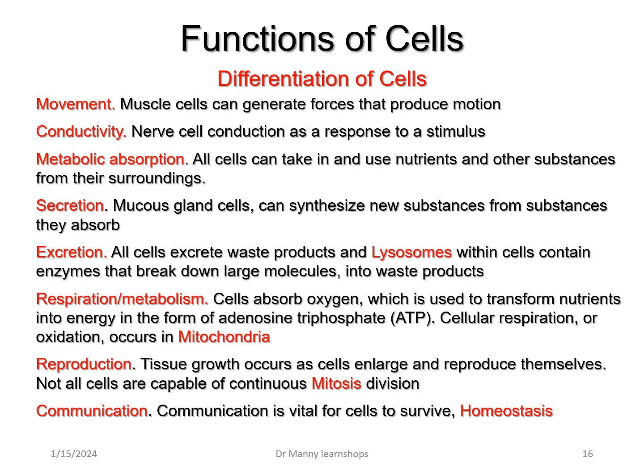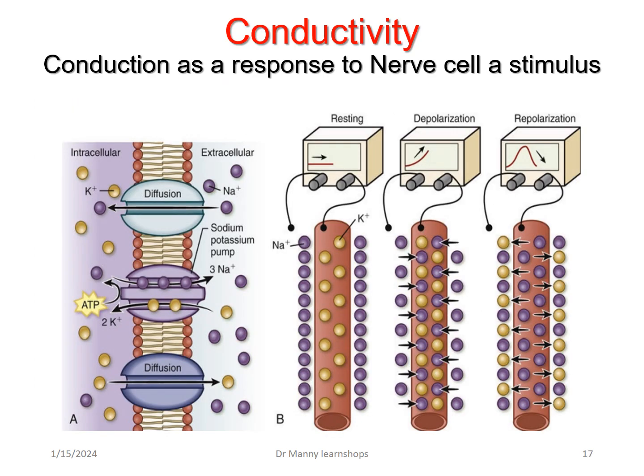Communication is important because communication is vital for cells to survive. This is why we refer to homeostasis. Conductivity is basically, as we said, a response to a nerve cell and a stimulus. Typically, stimulation is depolarization. Regenerating or repolarizing is going back to its pre-state before depolarization occurred.